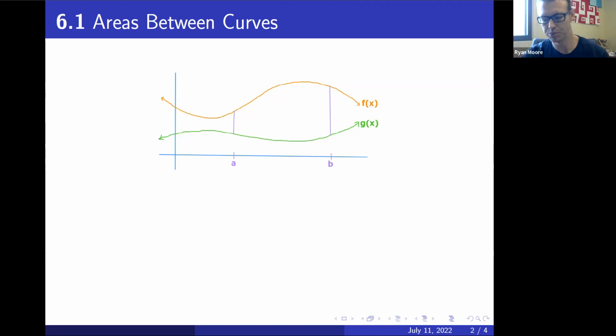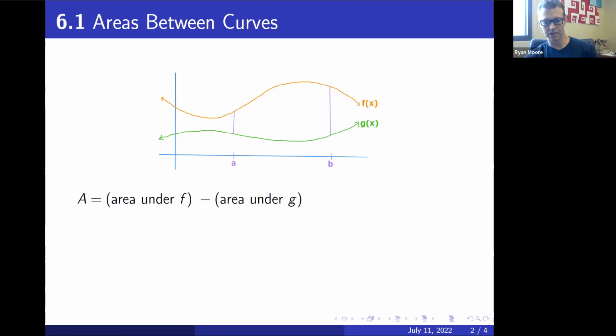So what we could do is this: to find that area that we're looking for, we could find all of the area beneath f of x all the way down to the axis. We could find the area under g of x between the green line and the x-axis and subtract them. All of that area under f, subtract that area under g, and what's left? Just the area between them.